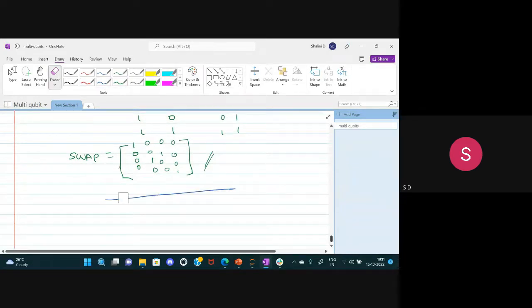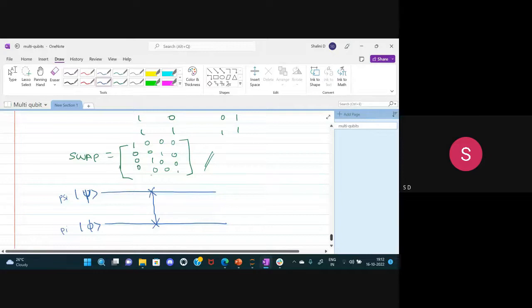If you have phi and psi over here, this is psi, this is phi. The X mark here is the interchanging of the qubits.